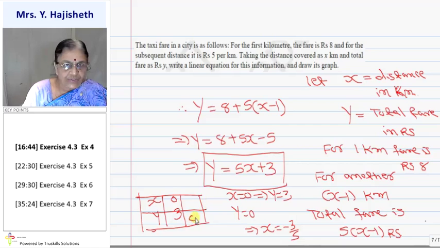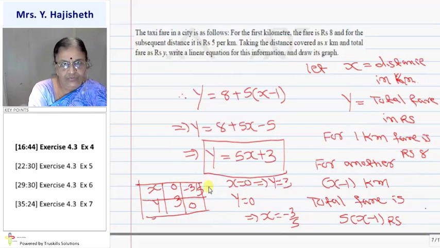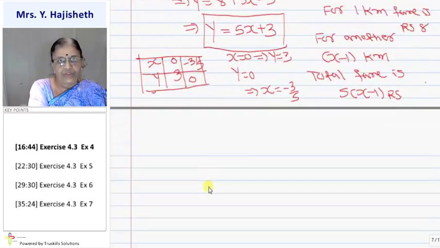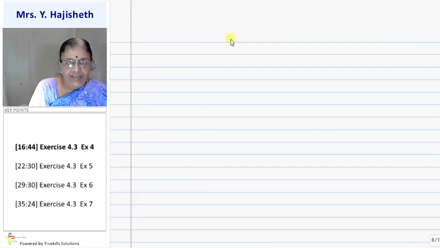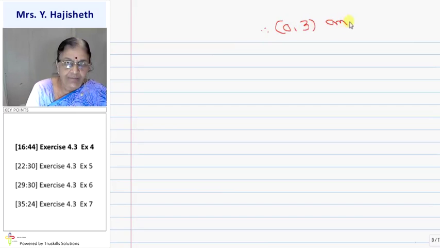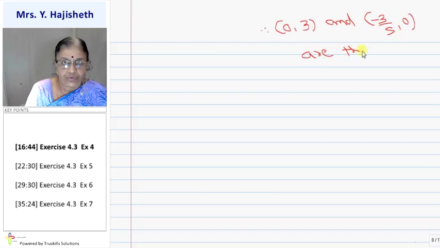So we have two solutions. What are the two solutions? (0, 3) and (minus 3 by 5, 0) are the two solutions. Okay.